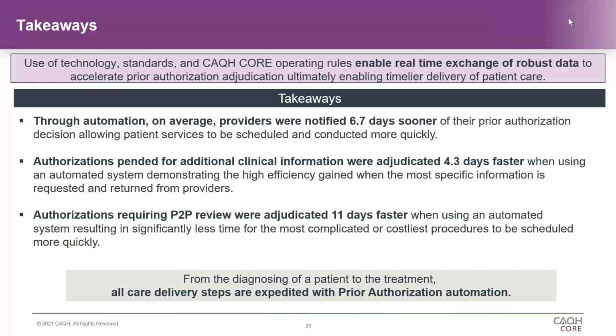Through automation, we see diagnostic imaging, and many of the subsequent services are expedited in their delivery. The time to evaluate and diagnose a patient is substantively and greatly reduced, allowing for more timely care. So as we can see, the standards, technology, and CORE operating rules really make a difference in automation.